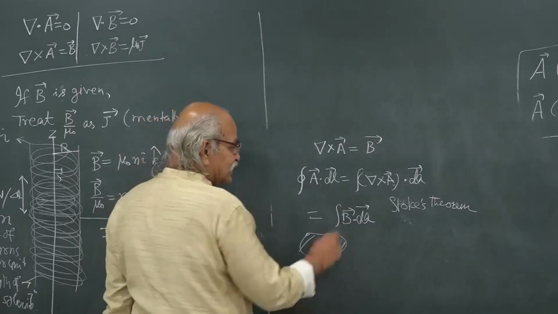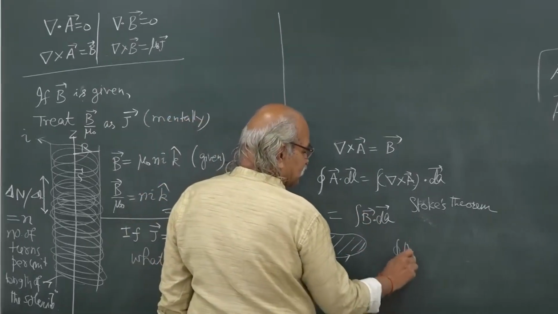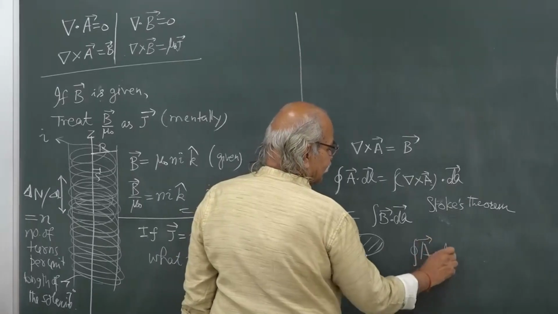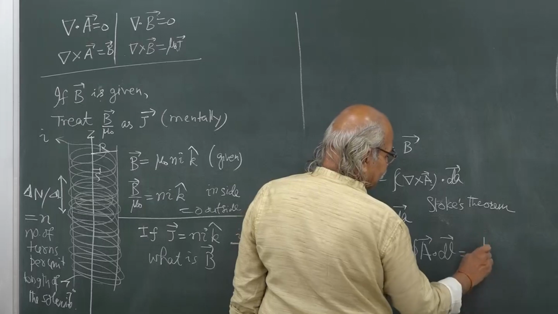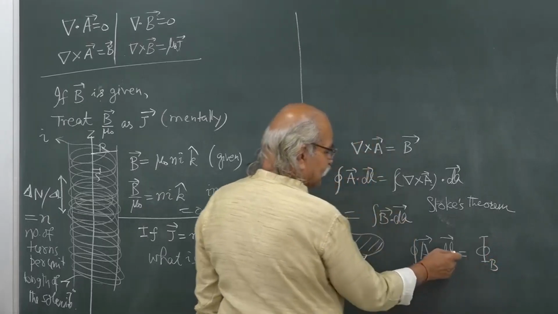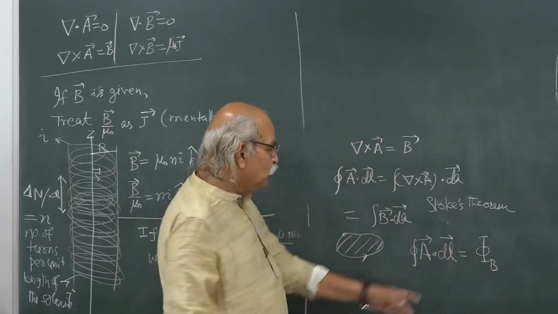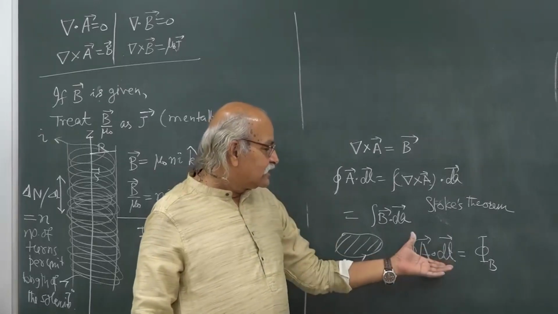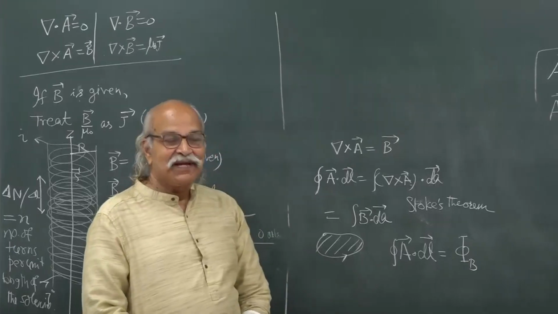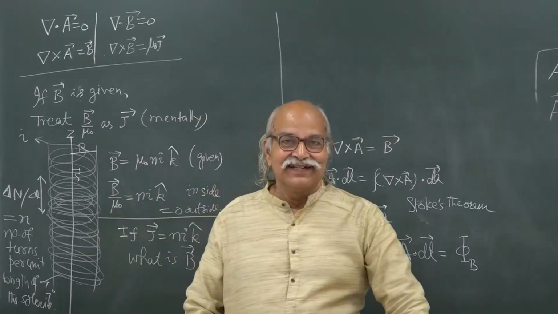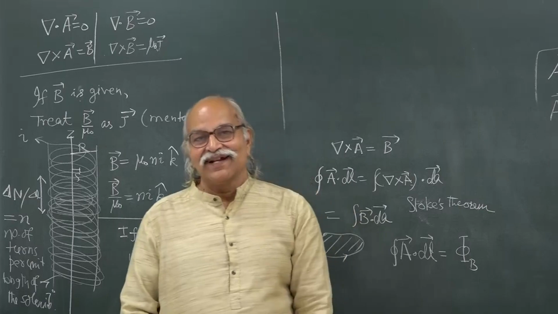So, that is also a relation which is sometimes useful. A dot dl is giving you the magnetic flux through that area, whatever is that integration loop here. So, we will close our chapter here, and a new chapter will be started next.